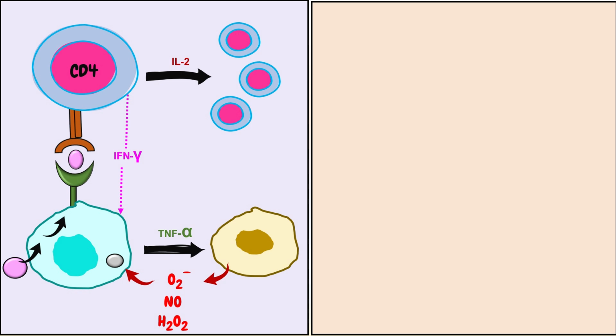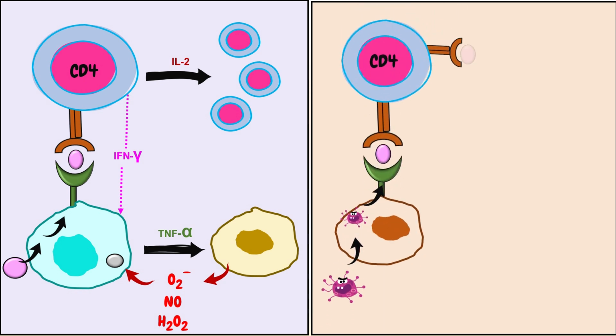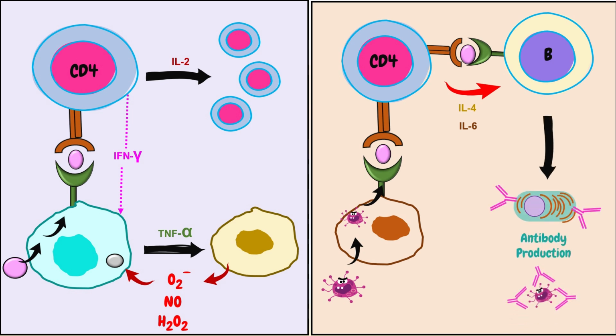Furthermore, antigen-presenting cells cause CD4 cell activation, and activated CD4 T cells release interleukin-4 and interleukin-6 that can stimulate B cells to release antibodies and kill antigen. Both mechanisms are directed at the elimination of extracellular pathogens.